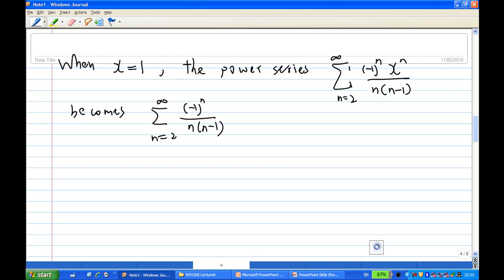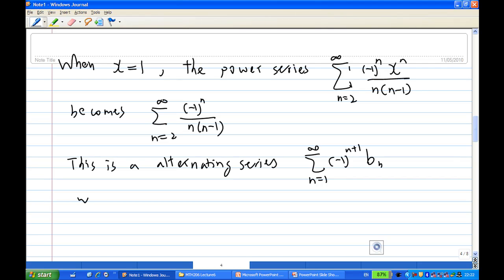Now notice that this is an alternating series, because the terms go positive, negative, positive, negative. It is of the alternating form, where b_n in this case is 1 over n times n minus 1.